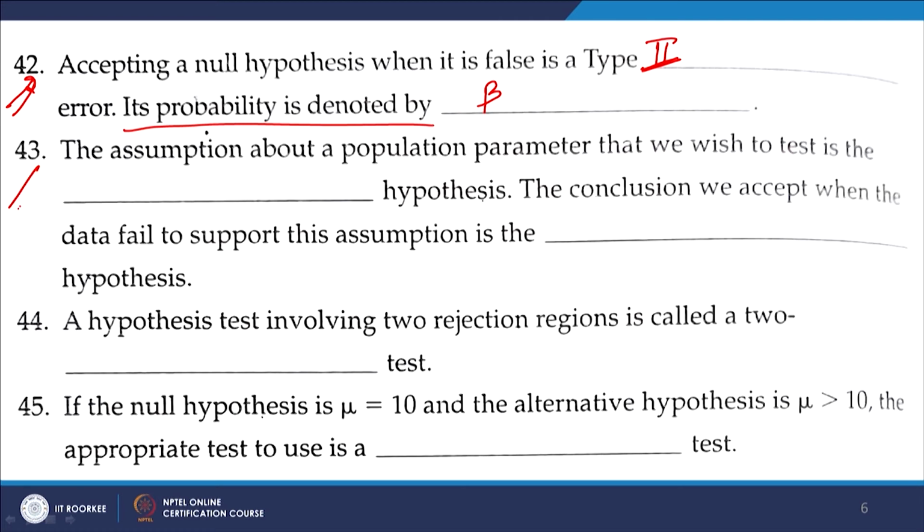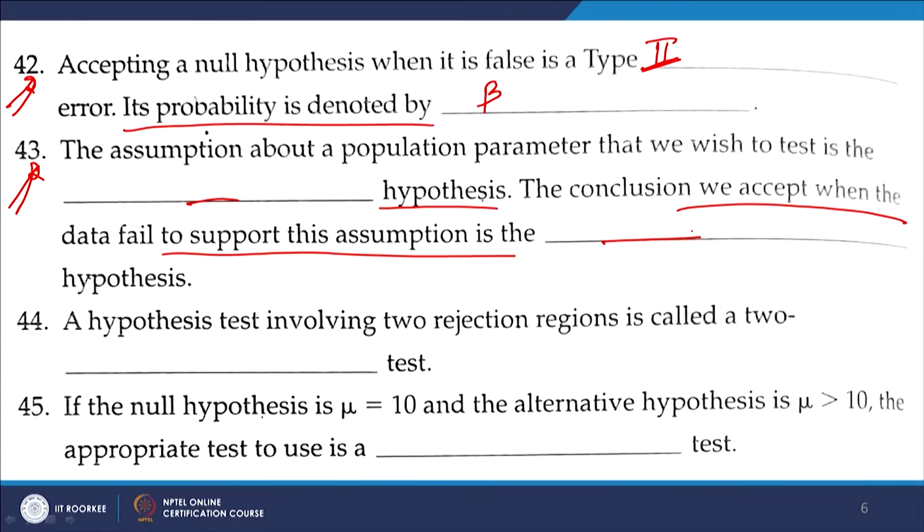Let us look at the next question. The assumption about a population parameter that we wish to test is dash hypothesis. The conclusion we accept when data fail to support this assumption is dash hypothesis. Just look at it carefully.